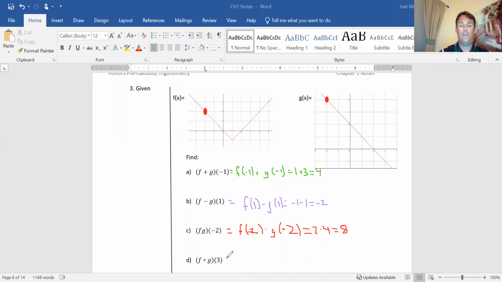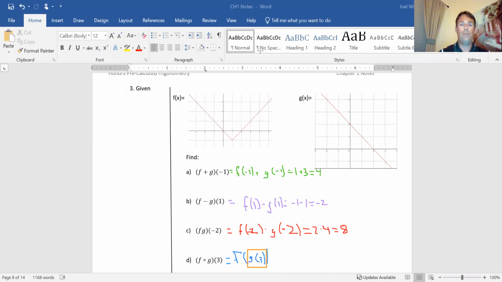All right, and our last one. We have f of g of 3. So the first thing I'm going to start off with is figuring out what g of 3 is.